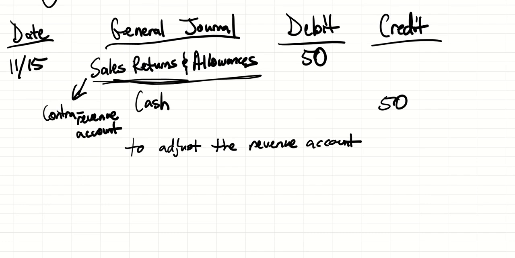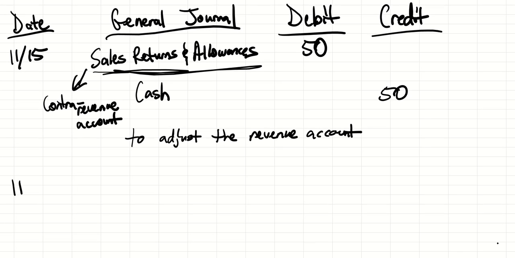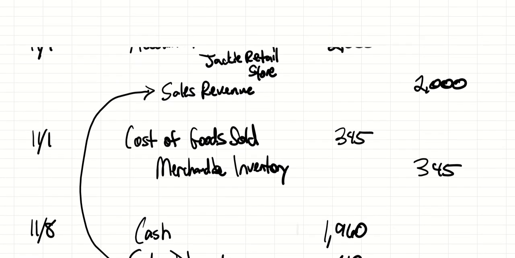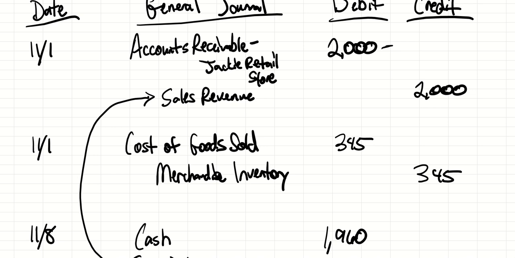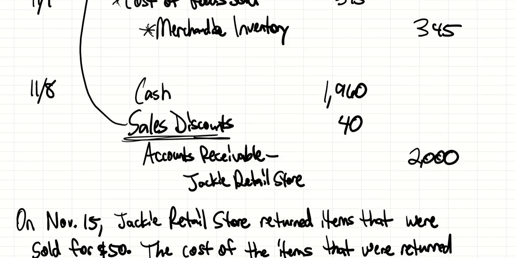After this, you've got to adjust the expense account. So on 11/15, to adjust the expense account, I'm going to go back up here. All we're going to do is, you see these names here, cost of goods sold and merchandise inventory, we're just going to reverse them because we have to reverse the expense that was recognized.